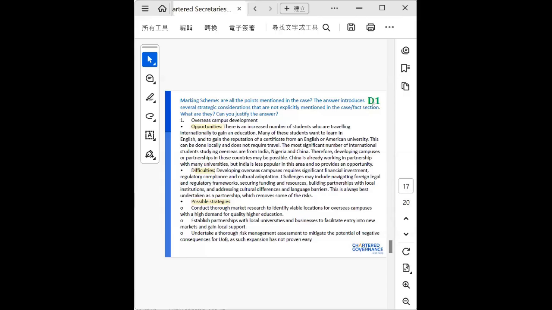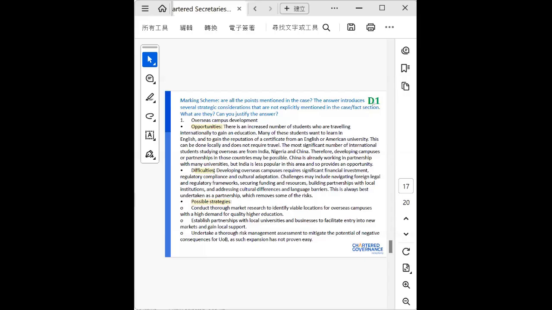So that makes it very difficult to have a new campus development. So one of the options is collaboration with a partnership in other areas. So this is the overseas campus development. This is one of the options.